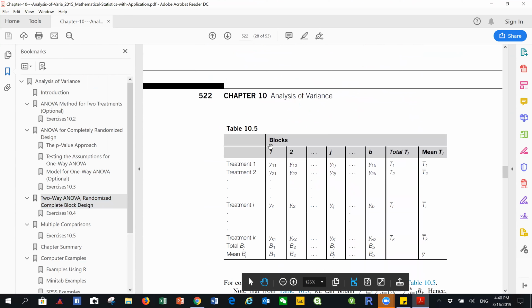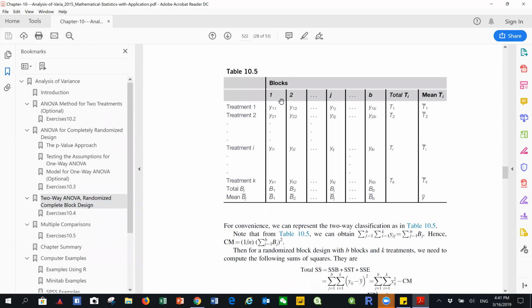Each y11 is the dependent variable, so you measure that y given it's in block 1 and it received treatment 1.